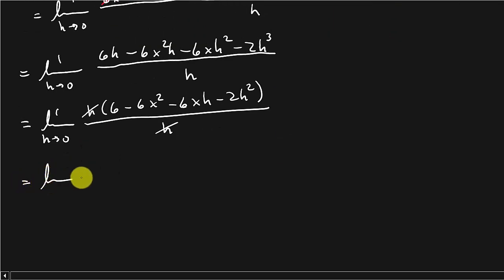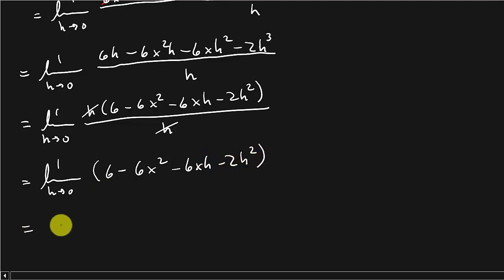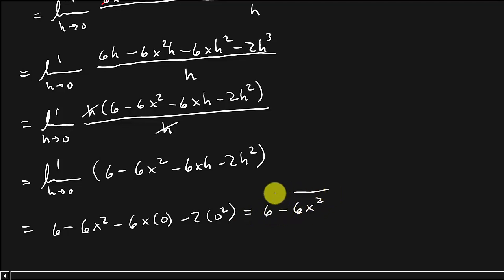So I'm left with the limit as h goes to 0 of 6 minus 6x squared minus 6xh minus 2h squared. I'm just plugging the 0 in for h: 6 minus 6x squared minus 6x times 0 minus 2 times 0 squared, which leaves me with 6 minus 6x squared.